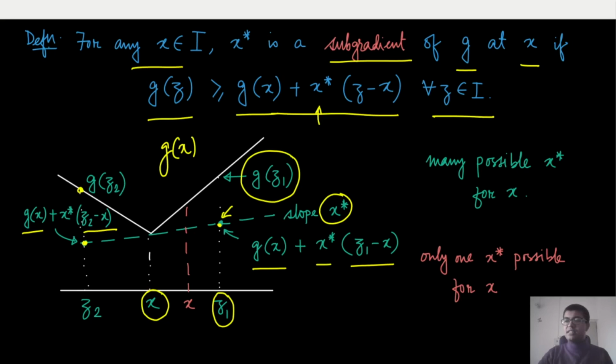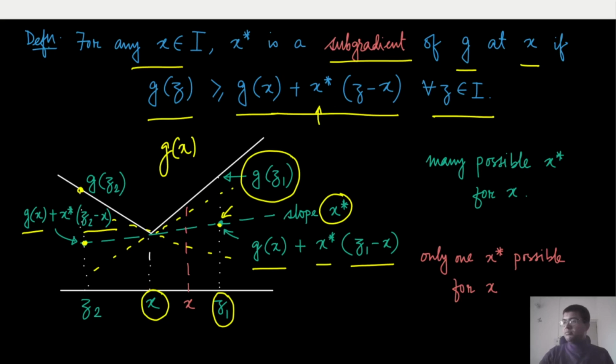So in some sense, this green dotted line is acting as a support. The whole convex curve should be above that line. And you can also see that this x star is not unique. You can draw a different line, and that will also be a subgradient. All these are valid subgradients at this point x.